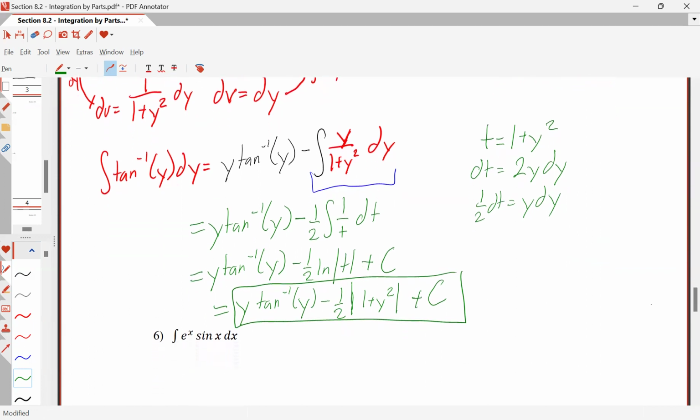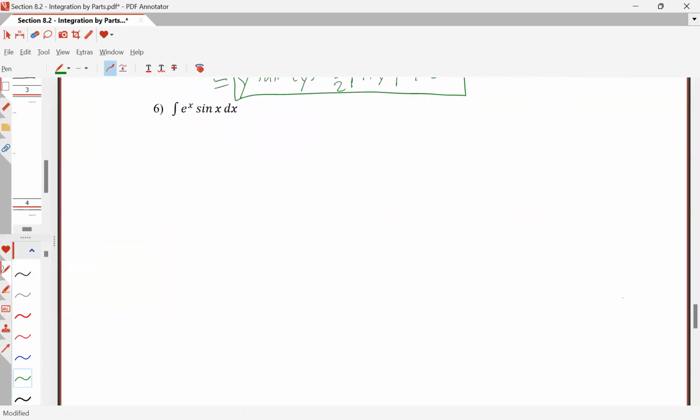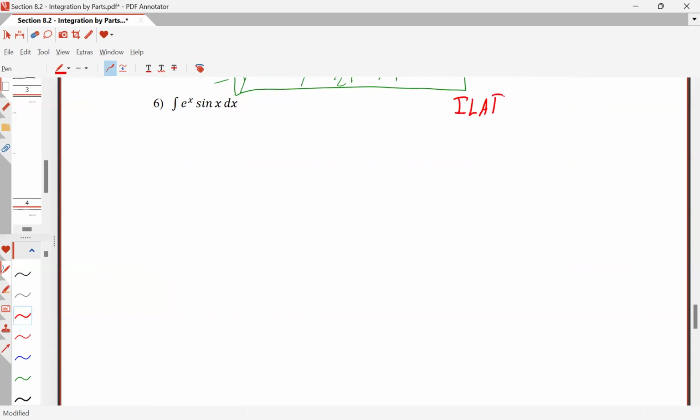Now, looking at another example, the integral of e to the x sine x. We pick u using ILATE, and we are going to fill in the formula: the integral of u dv is equal to u times v minus the integral of v du.